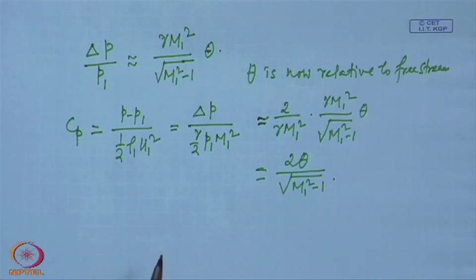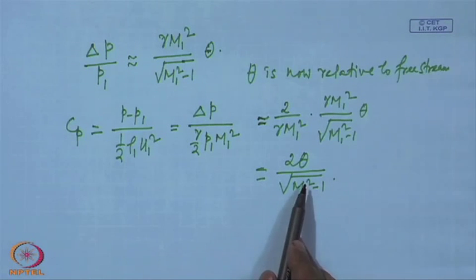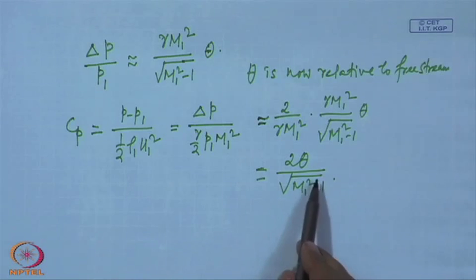So, this is in a sense a local inclination theory, which says that the pressure coefficient at any point on a thin airfoil is simply given by the free stream Mach number and the local flow inclination.